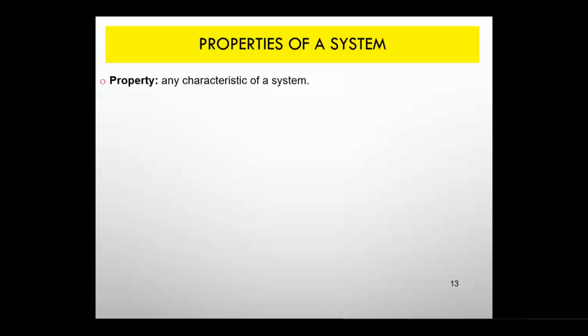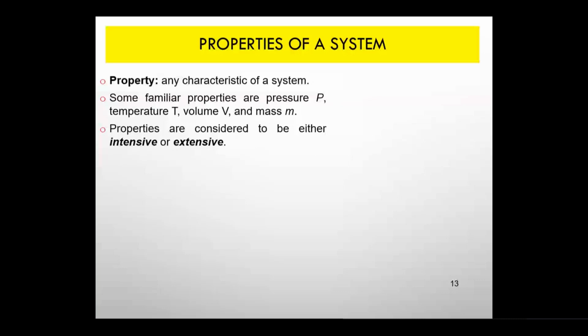Clear? These properties could be intensive or extensive. Intensive means that they are independent of the mass, whereas extensive means that they are dependent upon the mass. For example, if I take this room as my system and I have certain P within the room, certain temperature T within the room, there is certain mass of gas within the room, and if I divide this room into two equal halves, would the pressure on one half be P by 2 and the other half P by 2?